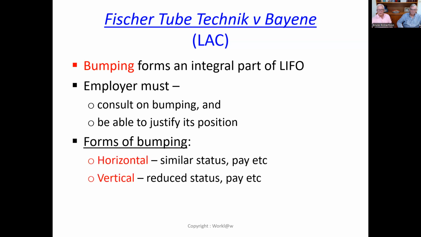This case also confirms the various forms of bumping, being horizontal on a similar status pay, etc., or vertical at a reduced pay level, etc. So clearly there's an obligation on employers, if you're using LIFO as your criterion for retrenchment, to raise bumping and be able to justify your stance on bumping that you intend implementing.